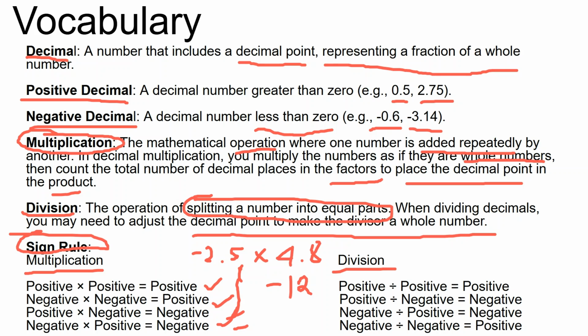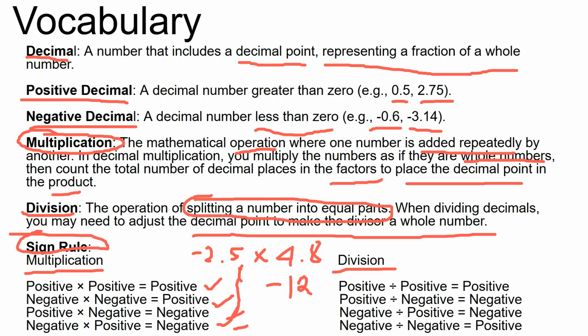Now next is positive divided by negative is negative. And then next is negative divided by positive is negative.